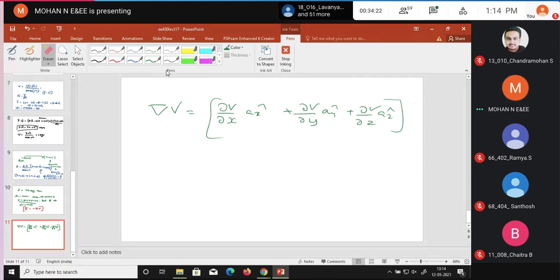Then substitute x is equal to 1, y is equal to -2, and z is equal to 3. Quickly do it.